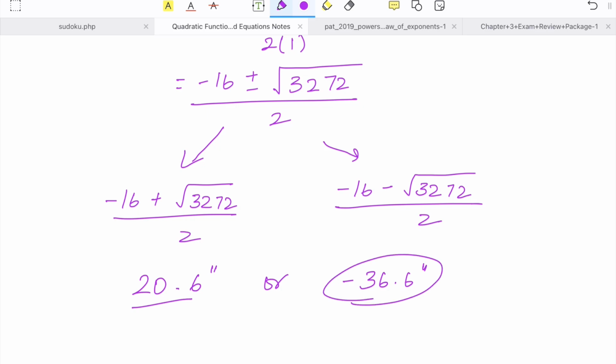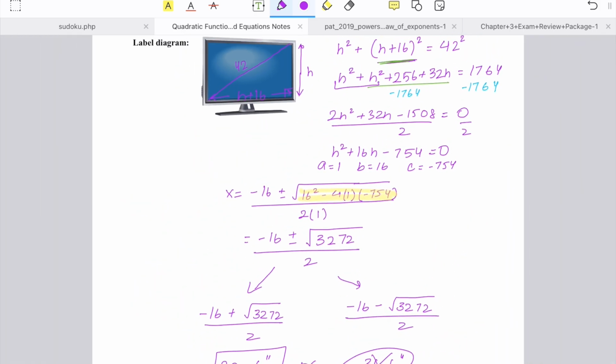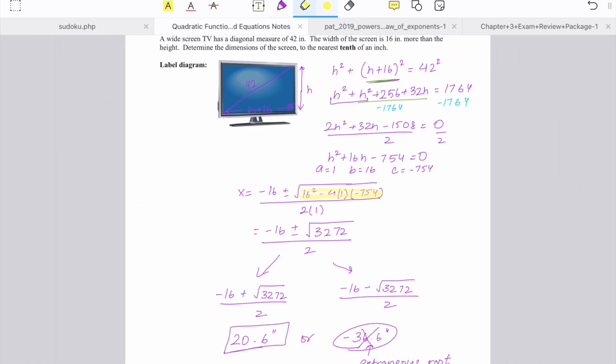So this is your extraneous, so you'll cancel this because height cannot be negative in a real world example, and that's your answer, 20.6. Now, in this case, I wrote or because you cannot have two answers for this since there is an extraneous root, right? But if a question was just given to you and you were finding the value of x, you'll write both the values, okay? But in the real world example, you'll have extraneous.